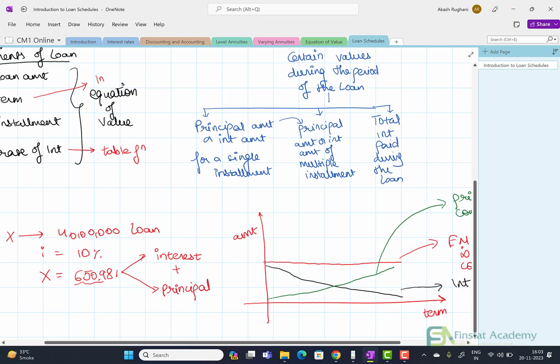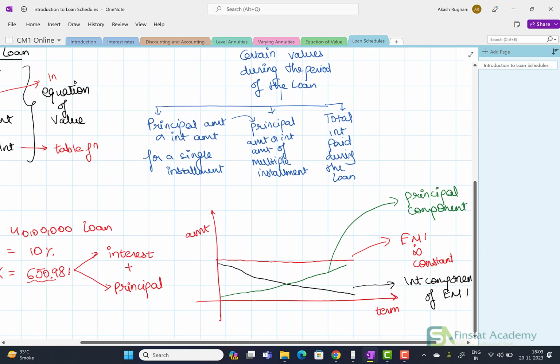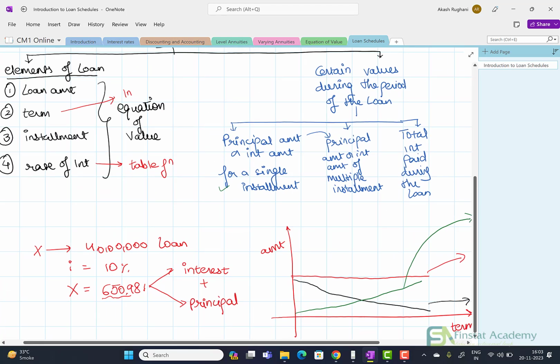Our work throughout this chapter is trying to find either the principal component or the interest component of a single installment. So let's say if this is a 10-year loan, I want to find out the 8th installment's interest and principal, or the 7th installment's interest and principal. Or I may be required to find, in the first 5 installments, the total interest and total principal, or in the last 5 installments, the total interest or principal.